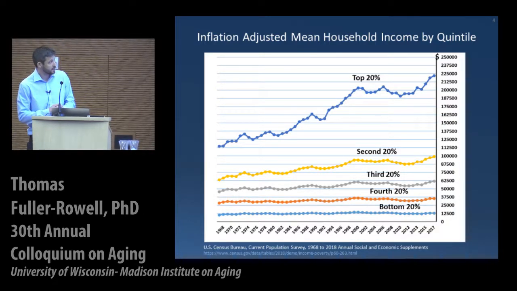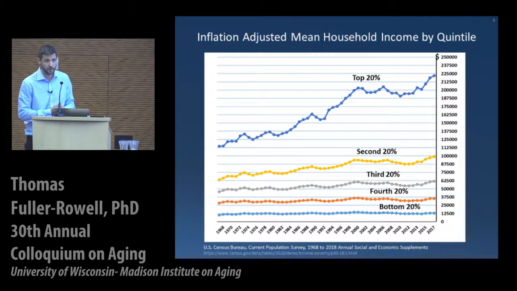So what we can see here is that for the bottom 60% of the population, there has been not a whole lot of change after we adjust for inflation in income over the last several decades. So pretty much a flat line for the bottom 60% of the population in terms of household income. This is in contrast to the top 20%, who've seen really substantial increases in material affluence over time.